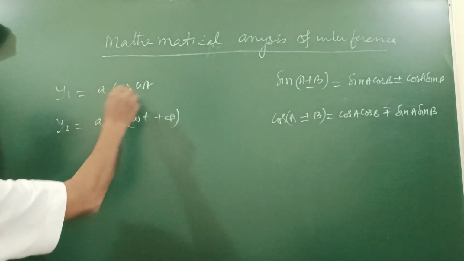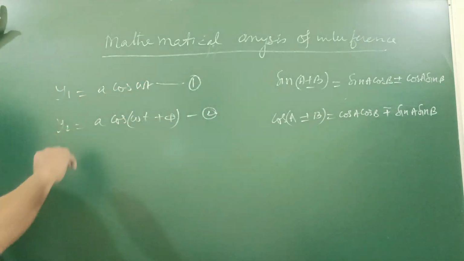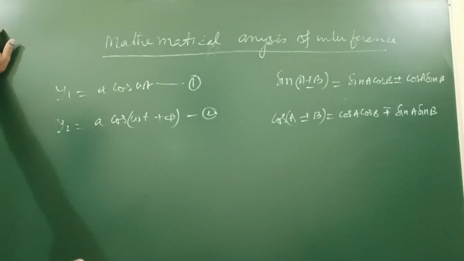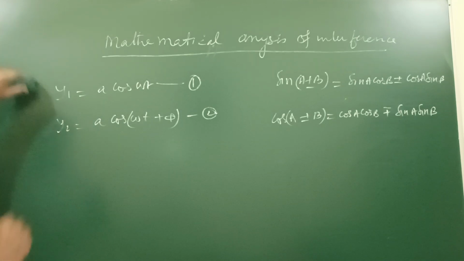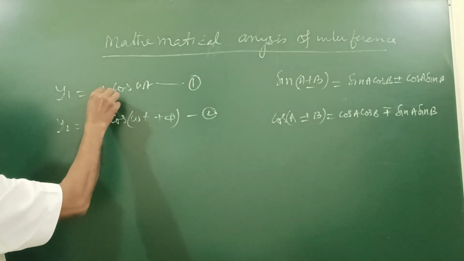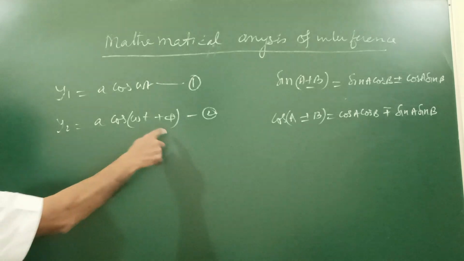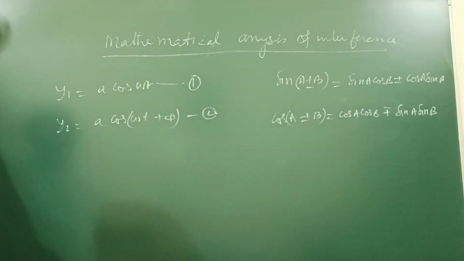So, let the equations be 1 and 2. I am telling again the mathematical analysis of interference of light in terms of the electric field. Here y1, y2 are the values of the electric field, A is the amplitude, omega their angular frequency, phi is the phase difference between the waves.